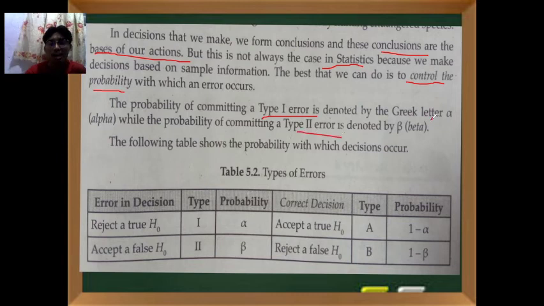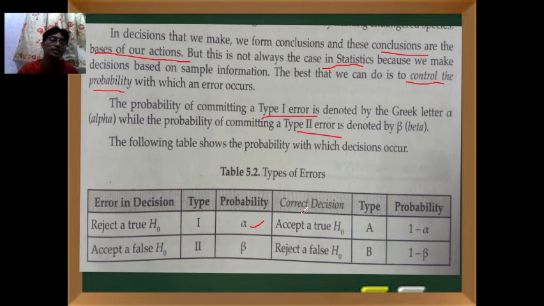Ngayon, as you can see in the table, if you're going to reject the truth, or if you're going to reject the null hypothesis, meaning you commit a type 1 error, which can be valued as a margin of error.